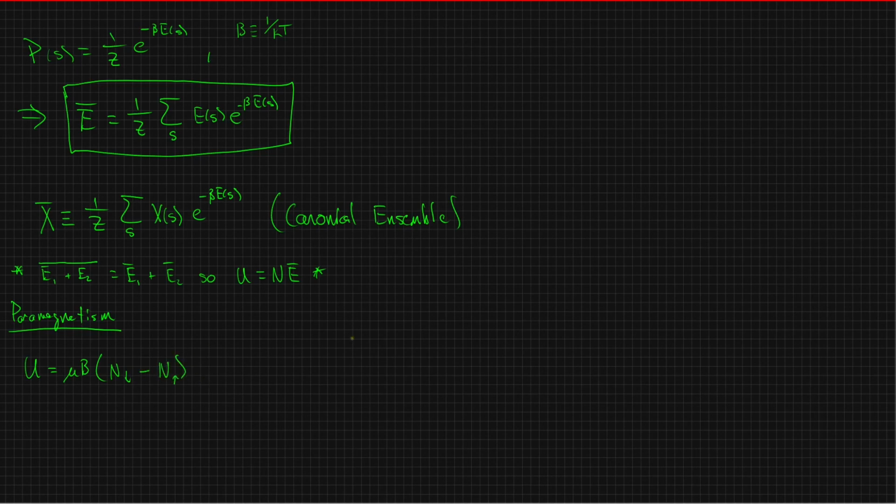So it's basically just, hopefully you remember, some magnetic field, then you've got some particles in that magnetic field, and they can be oriented up or down, and the up or down dipoles determine what the actual energy of the system is. So this is such that we assign an energy of minus mu B to the up state, and an energy of plus mu B to the down state.